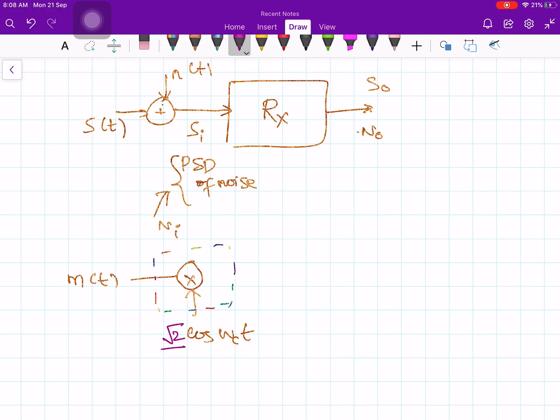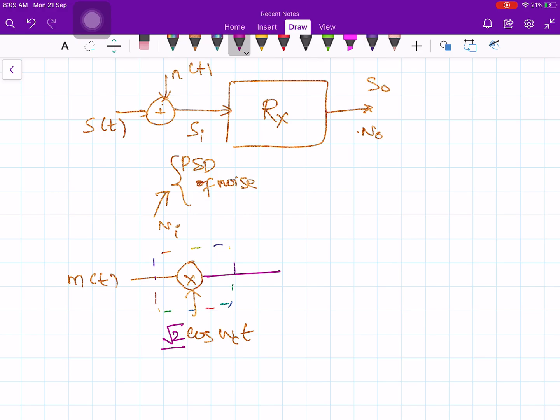Now the channel, again we will assume to be ideal, but it is not going to be an ideal low pass filter. In the baseband communication system, we said the channel was an ideal low pass filter. Now it will be an ideal band pass filter. That is the only difference.